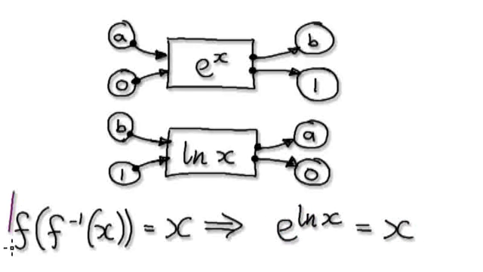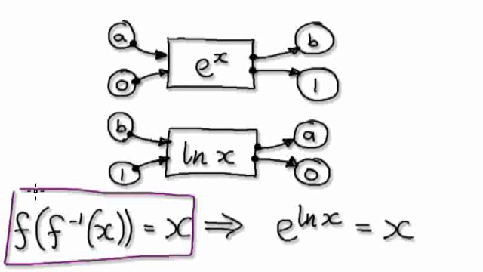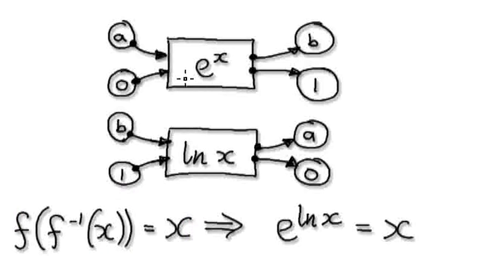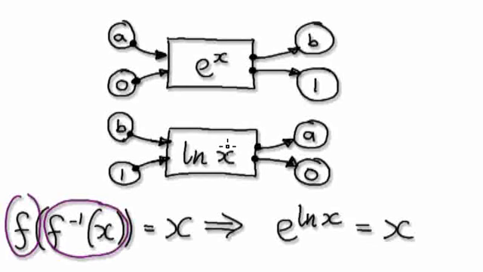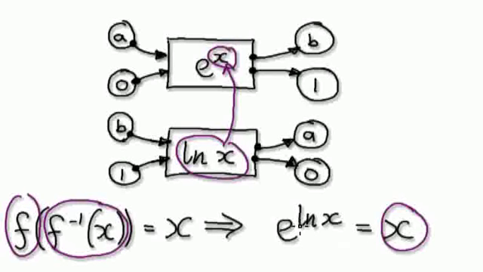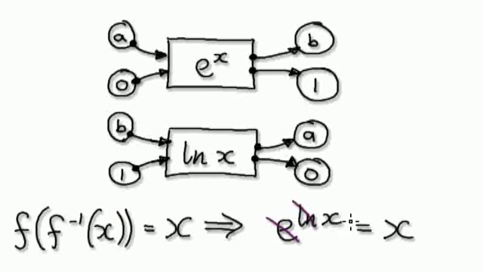Because again, this will work for any function, no matter what. And now we're just looking at this specific case of e to the power of x. If you put the inverse function into the original function here, it will give you x, which is the case. So whenever you see this, these two will cancel each other out, leaving you the x.